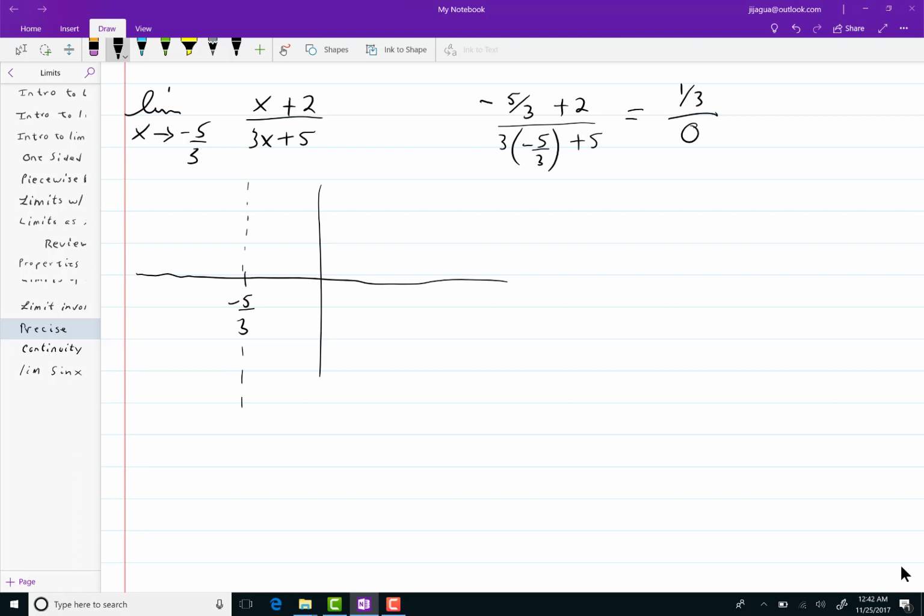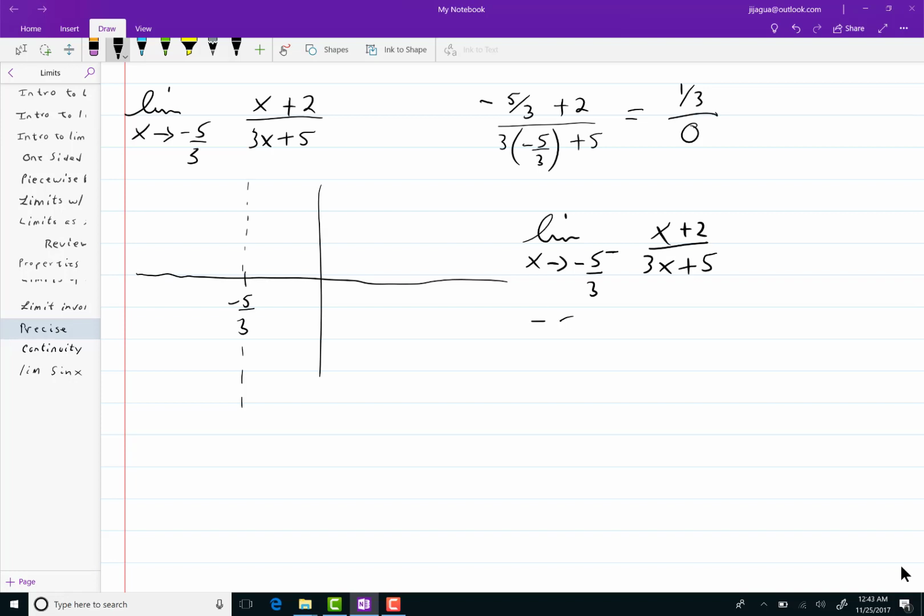So let's take a look at the limit as x goes to negative 5/3 from the left. Now, if you put this in your calculator and graph it, there's nothing to do. You just look at it; it'll tell you which one, positive or negative infinity, it's going to. So in this scenario, I want numbers that are slightly less than negative 5/3.